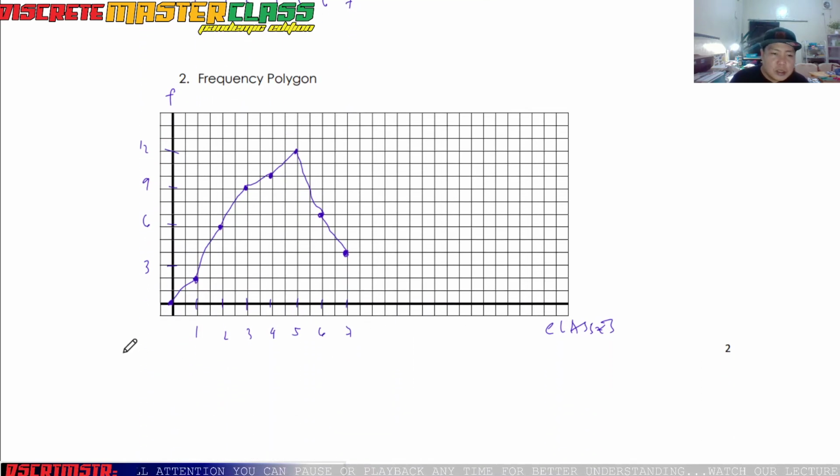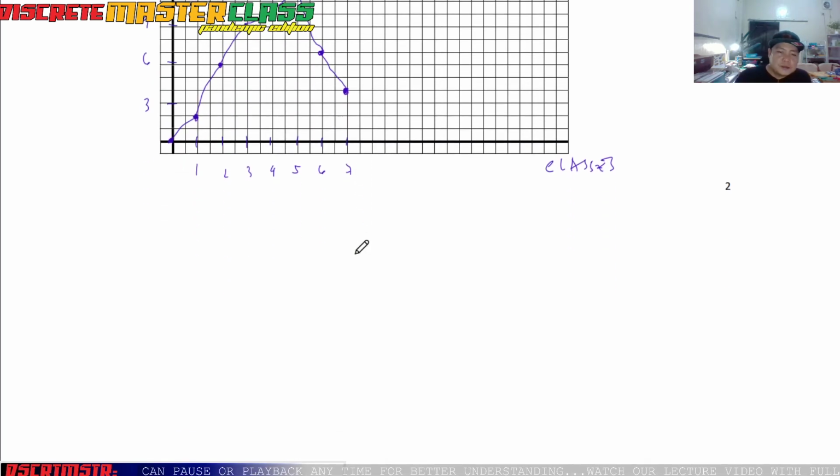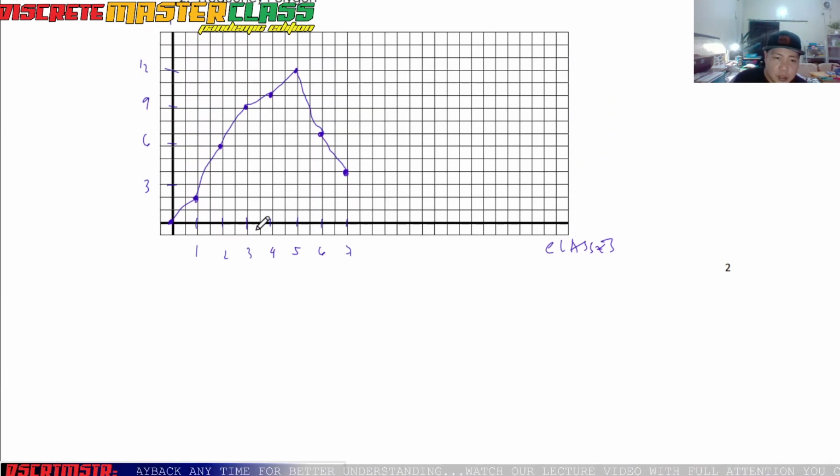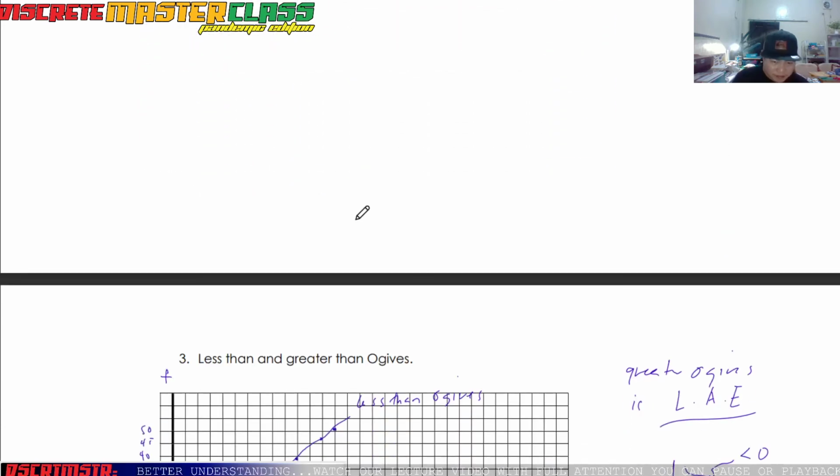Frequency polygon, laging siya mag-start sa origin, tapos mag-end siya dun sa frequency ng last class mo. Okay? I-connect mo lang yung mga points. Ginagamitan to ng ruler. Wala akong ruler dito. So, ito, assume na straight to. Straight lahat ng bawat linya. Straight line connecting the points.